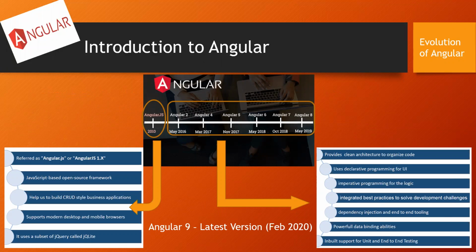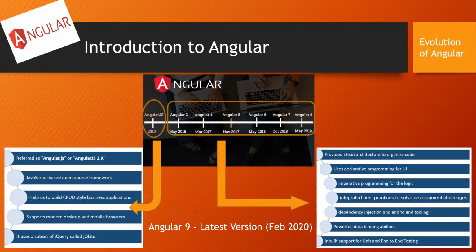So Angular is not new. It began in 2010 with the name of AngularJS, and AngularJS was not very popular, so they came up with a different style of writing code in the later versions of Angular. The current version is Angular 9.